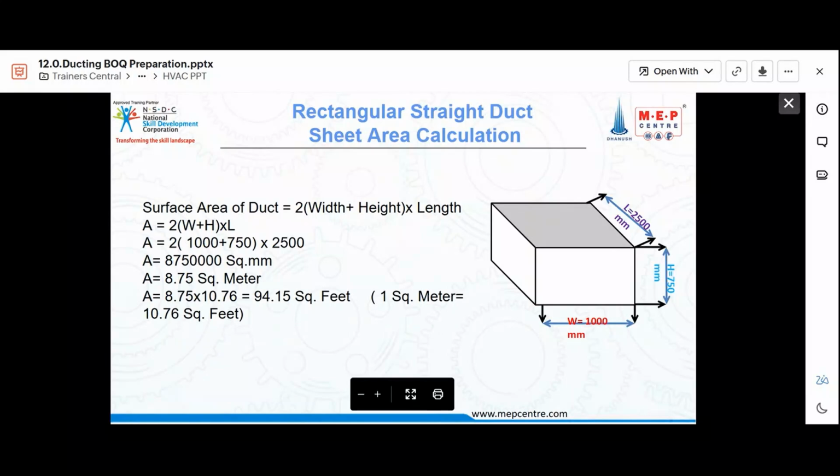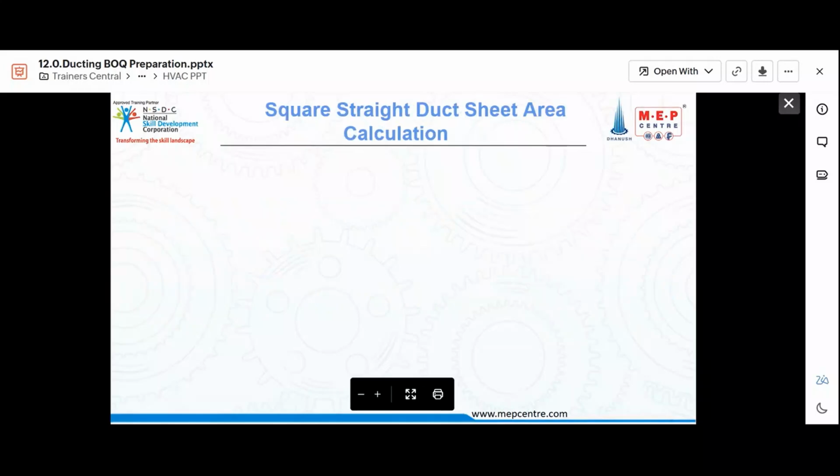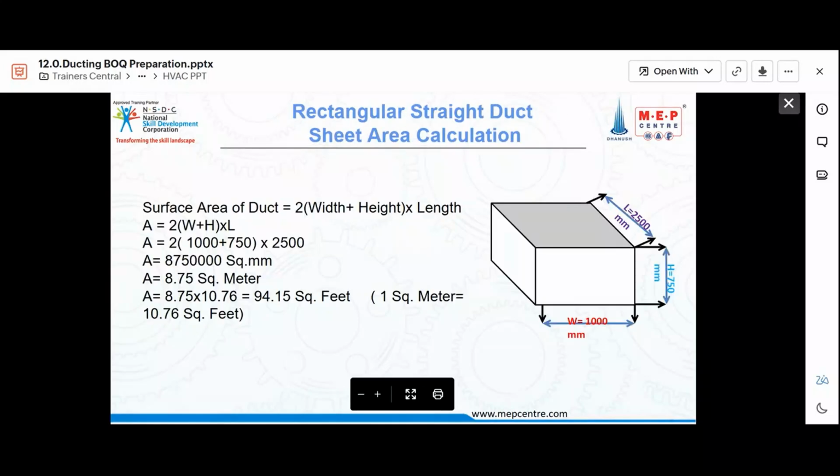Dividing by 10.76, since 10.76 square feet equals 1 square meter, we get 94.15 square feet. The difference is because 1 foot is actually 304.8 mm, and I took 300.